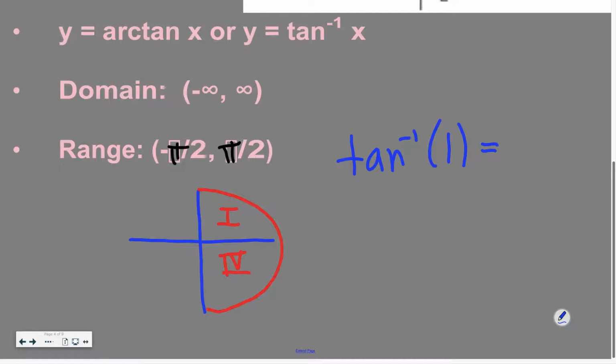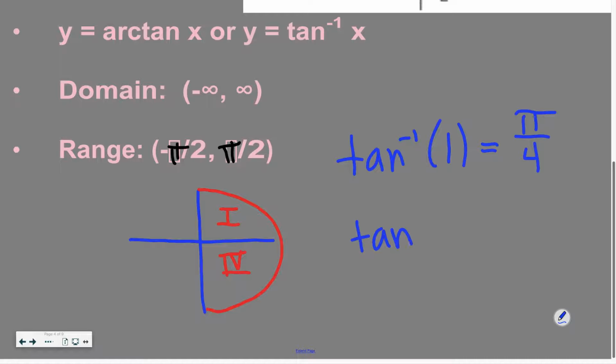Our inverse tangent of 1. Which angle has a tangent ratio of 1? Pi over 4. Funny how I'm asking the same angle, right? Trying to pick the easy ones. At pi over 4, our tangent ratio is 1. So the inverse tangent of 1 equals pi over 4.